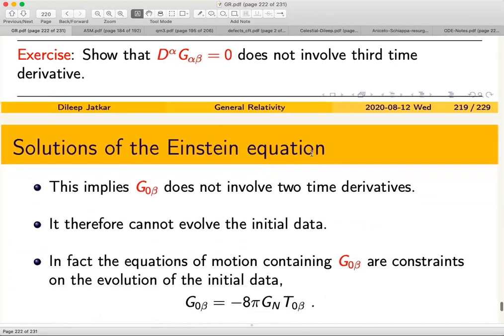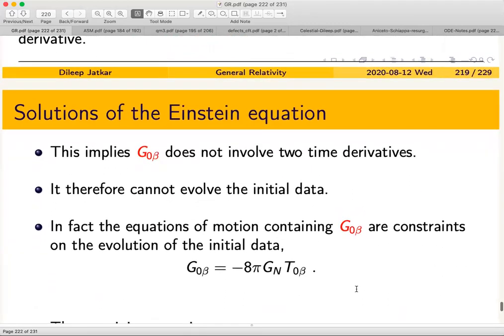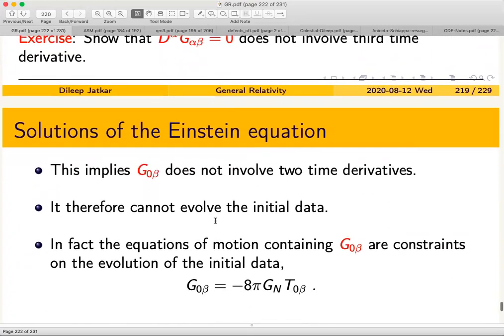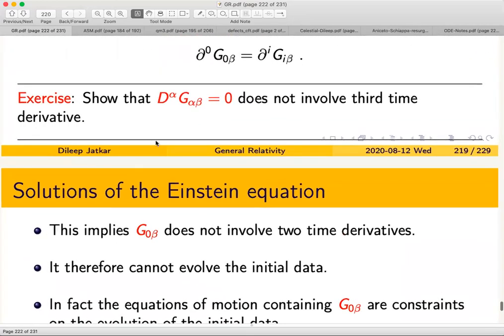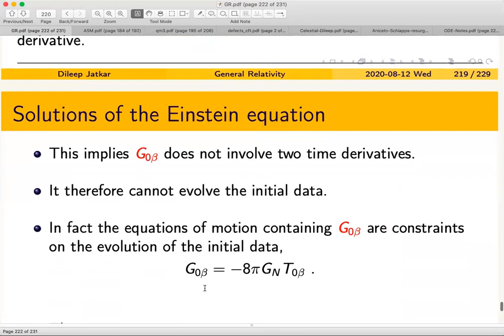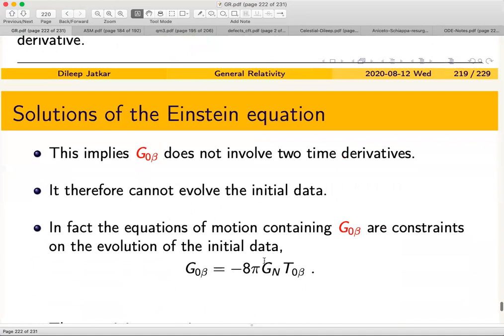So what we find is that the equation satisfied by G0 beta, which is G0 beta equal to minus 8 pi G times T0 beta, is actually a constraint on the evolution of initial data. Okay, so you don't have to show it, but once you show that this is true, then it naturally follows that whatever is the value of T0 beta, this has to be true at every time epoch.